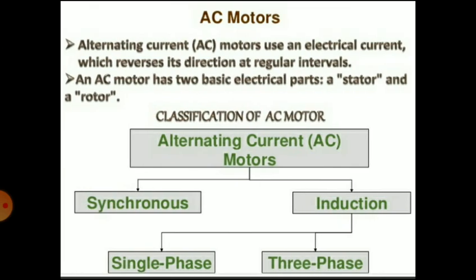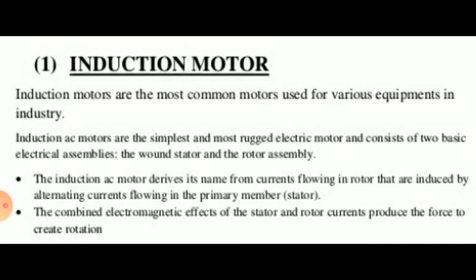Now, classification of AC motors. They are classified as induction motors and synchronous motors. Induction motors are again subclassified as single phase and three phase. Induction AC motors are the simplest and most rugged electric motors and consist of two basic electrical assemblies, that is the wound stator and the rotor assembly.